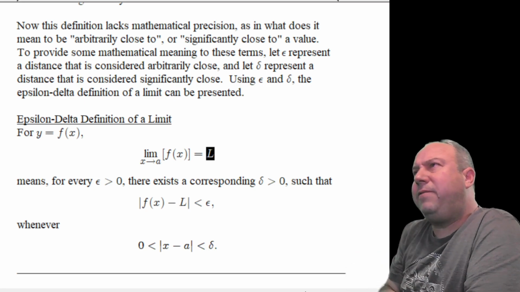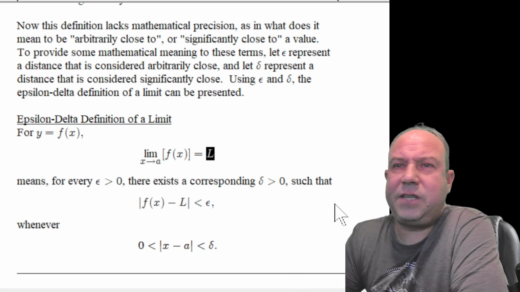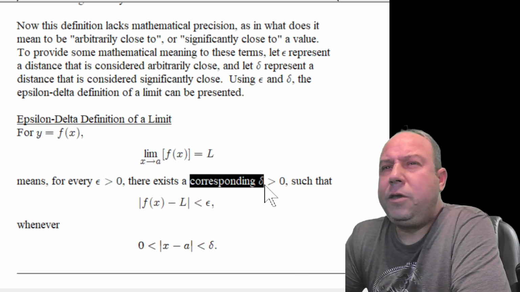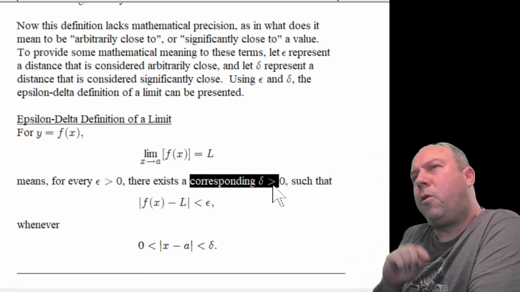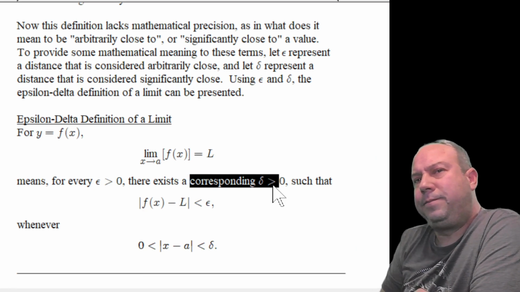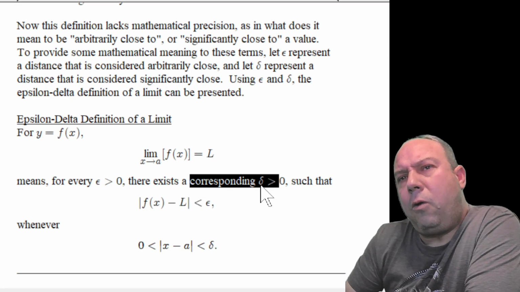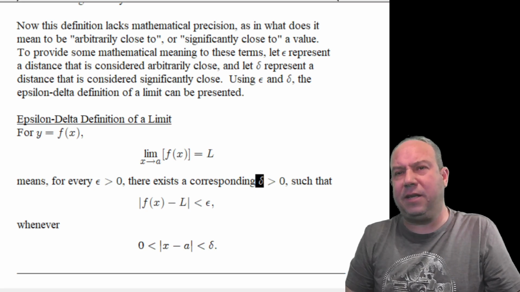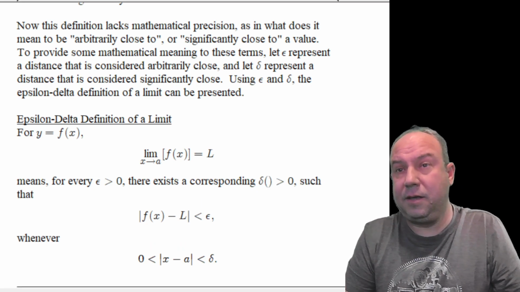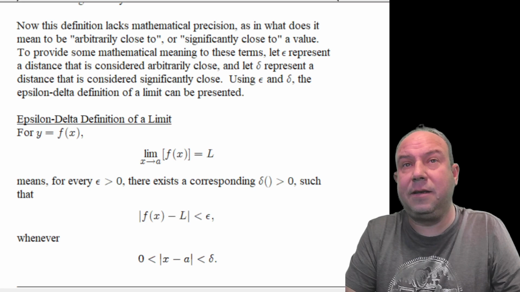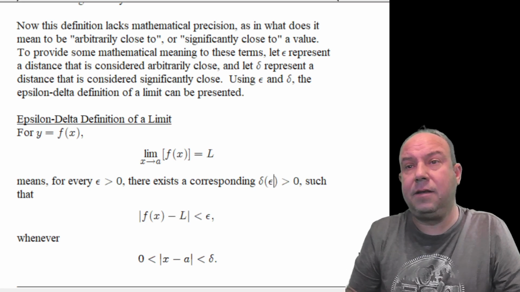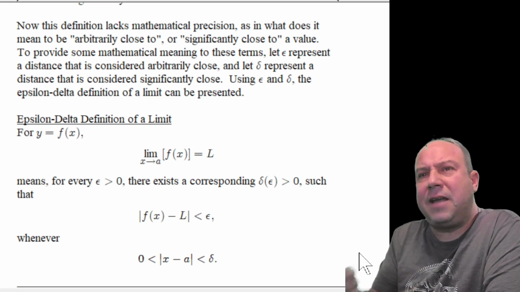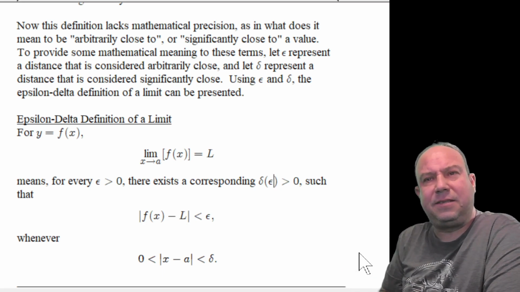And regardless of that boundary size, what this definition says is, if this statement is true, you'll always be able to find a corresponding size delta. What does that mean? There'll always be a size delta, which could be thought of as being a function of epsilon, or being dependent on epsilon in a sense.